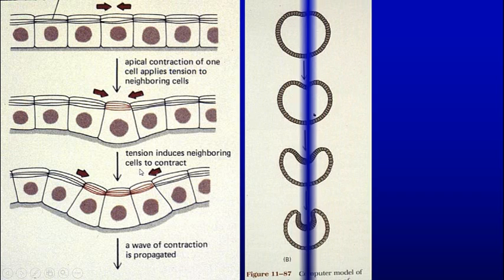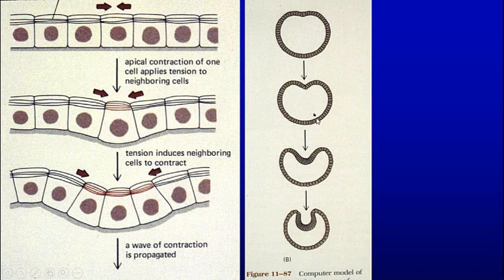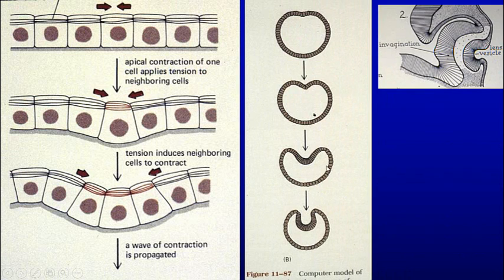Also, the actin I mentioned that was at the top of the cells can squeeze and change the cell, and you can see how these cells are getting more pyramid shaped. Instead of being cuboidal, they're more pyramid shaped. And here we see in the embryo where this is making a shape, and it's going to be a structure here. Or you could see a similar thing in the lens.